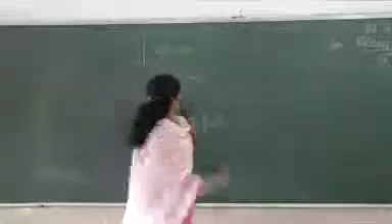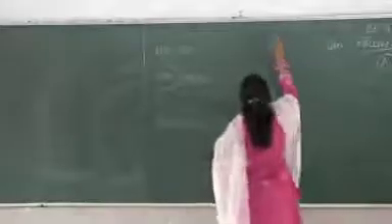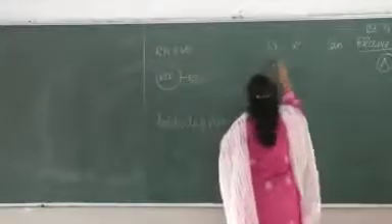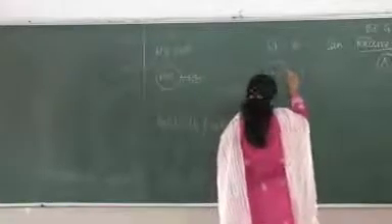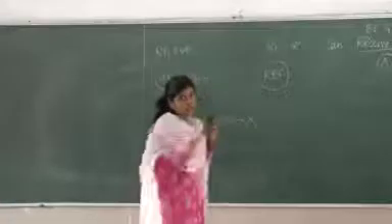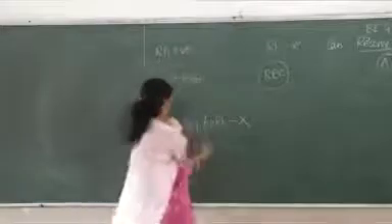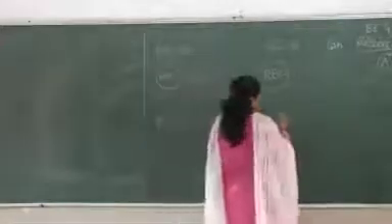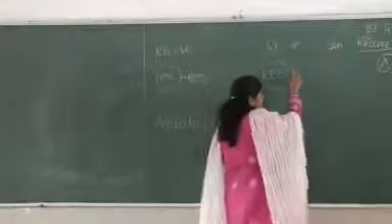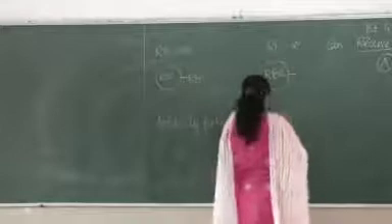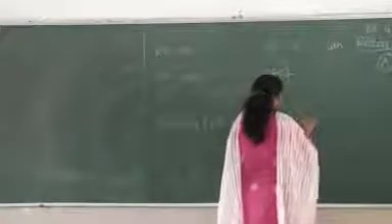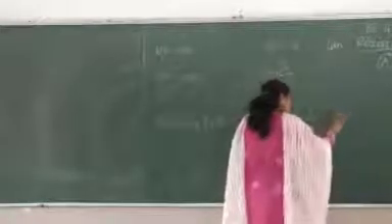Now, if we are talking about a person who is Rh negative, Rh negative means his RBC has no Rh factor. So what will you say? If he has no antigen, then he will have no antibody. Again, he has no antibody.